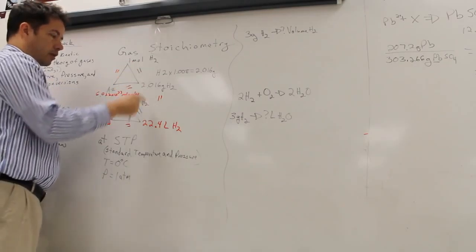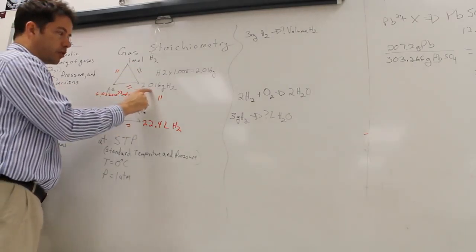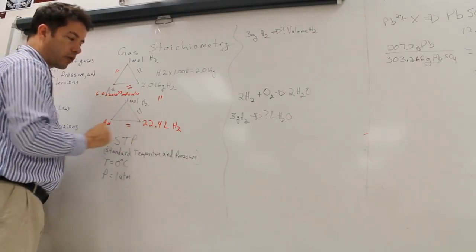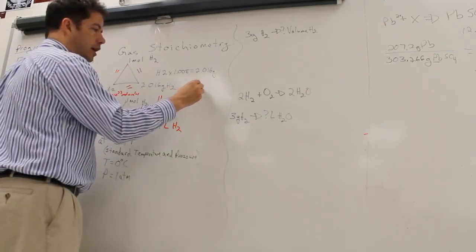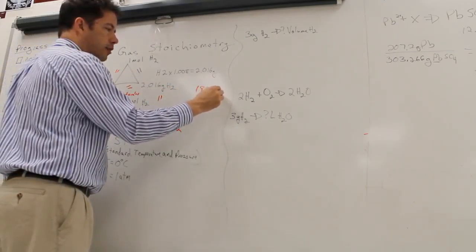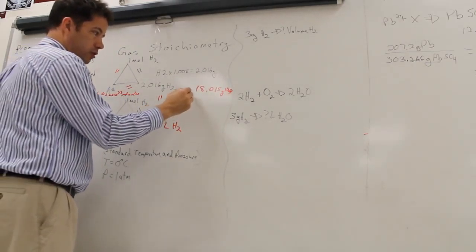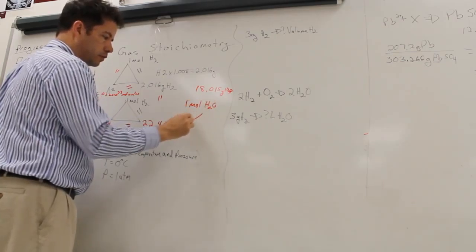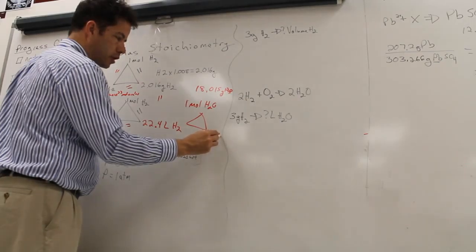Because if this is equal to moles, then it's also equal to that many grams. So if I have 2.016 grams of H2, I will have 22.4 liters of H2. If I had 18.015 grams of H2O, water, which is 1 mole of H2O, guess what? I have 22.4 liters of H2O.